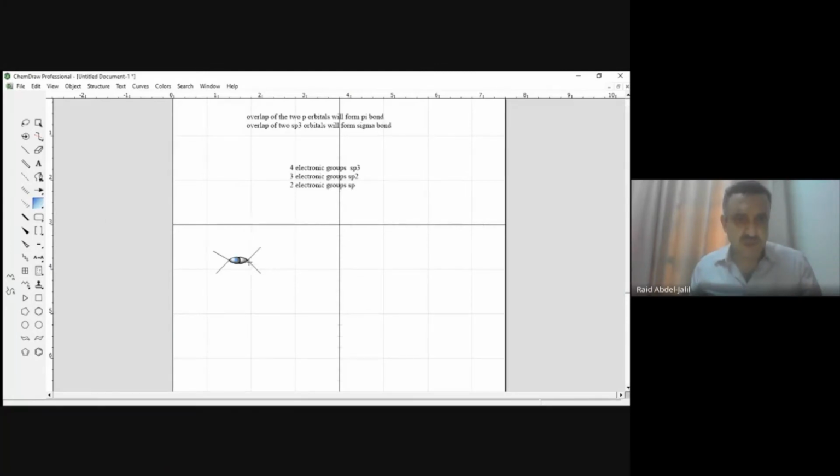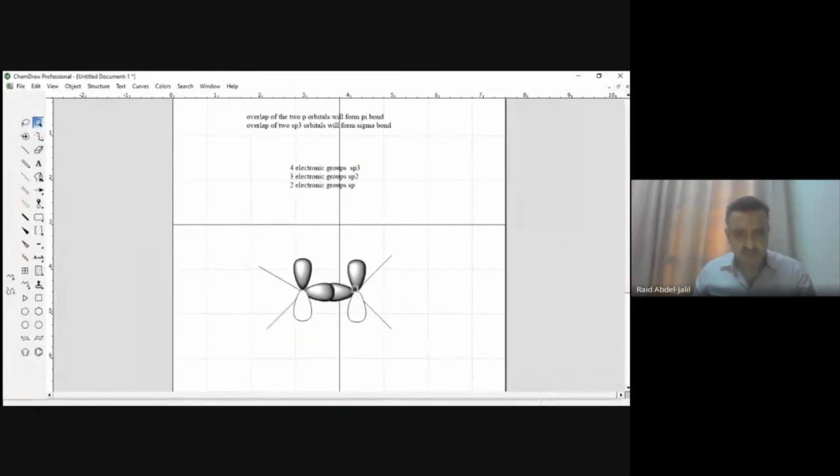So there will be a p orbital here and a p orbital here. Do you see it here? I'm just going to make it a little bit bigger for all of you to see. Can you see it? Perfect.